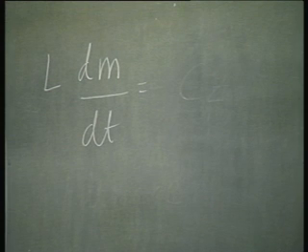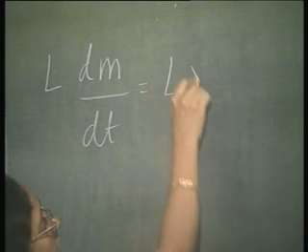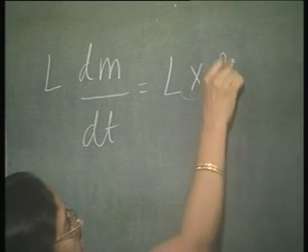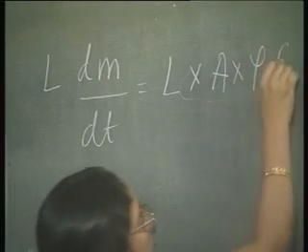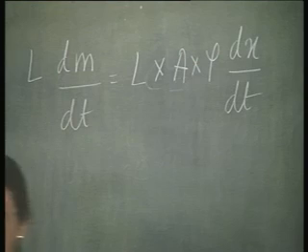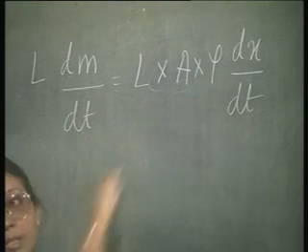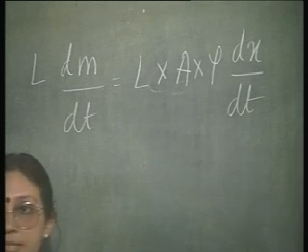L, I have already said, is the latent heat of solidification. dm/dt is the mass solidification rate. So, what is dm/dt really? I can write it as L times area times rho, that is the density, times dx/dt.